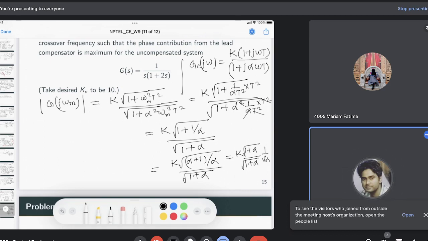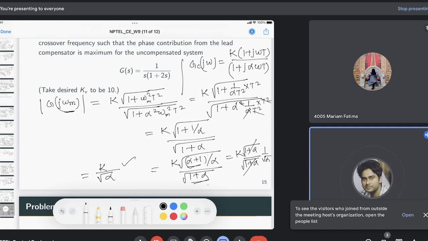These two terms will cancel. Then what we will find is simply K by square root of alpha. So this is the gain, and we see that it is independent of T at this frequency at which the maximum phase would occur. This gain is K by square root of alpha.